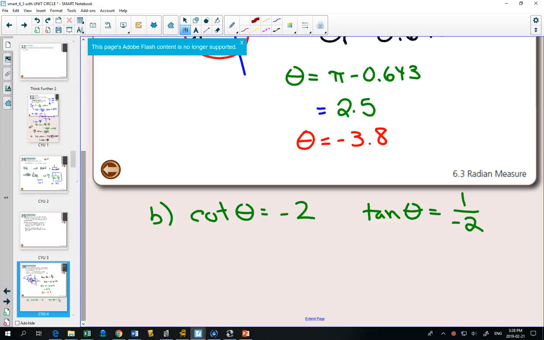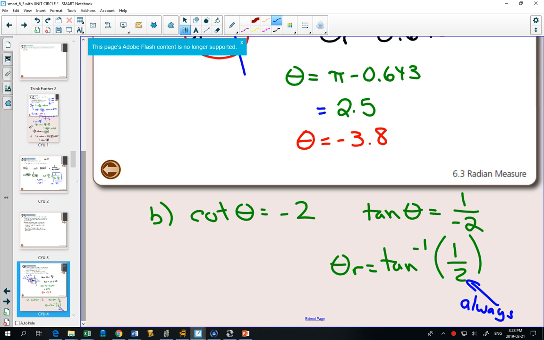The first thing you always find is your reference angle, and when finding a reference angle, do tan inverse, and that has to always be positive inside.